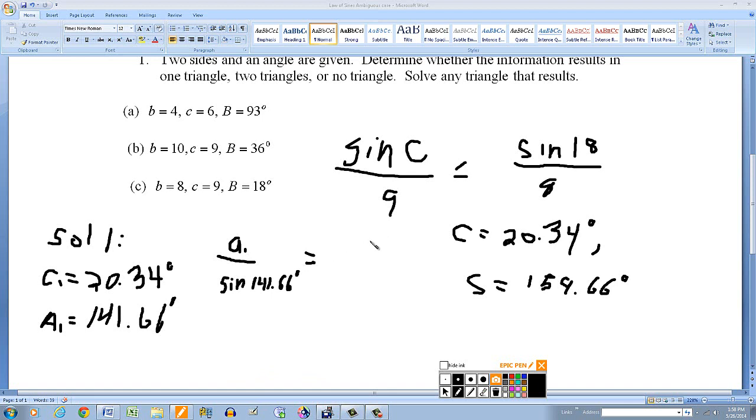That should equal any other side, and of course we'll use the given information, so that would be 8 divided by the angle opposite that, which is 18 degrees, so this would be sine of 18 degrees.